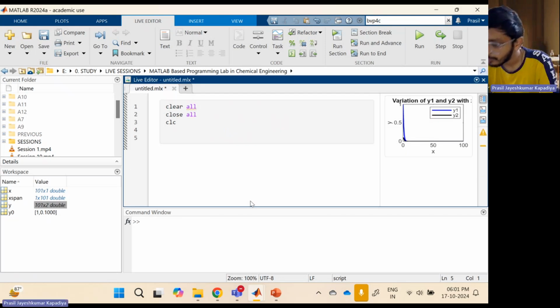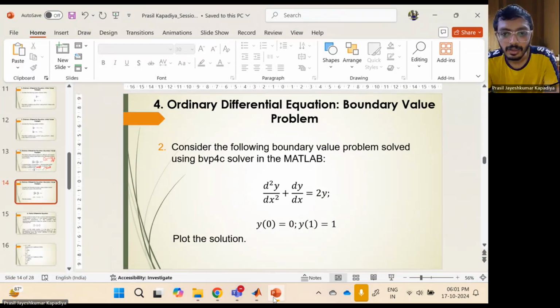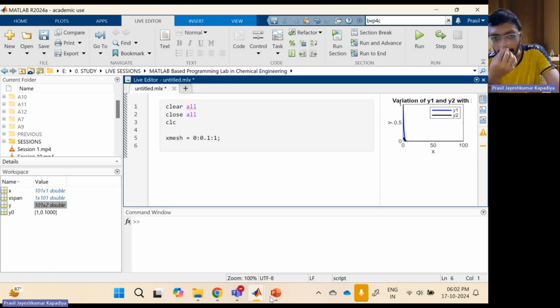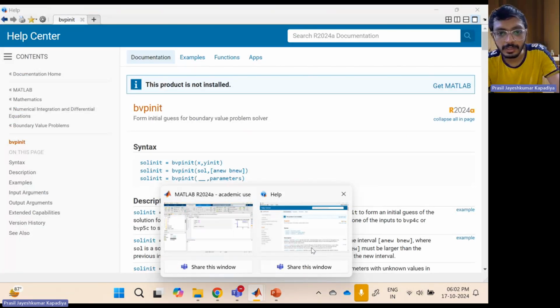Okay, so my x mesh, what is the value of x? It is 0 to 1, right? One boundary is at x is equal to 0 and the second boundary is at x is equal to 1. So let's say I'm creating 0 to 1 in intervals of 0.1. So this is my x mesh. Okay, so what is my sol init?